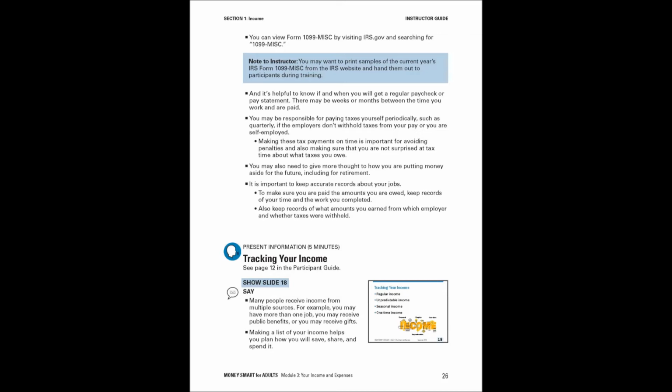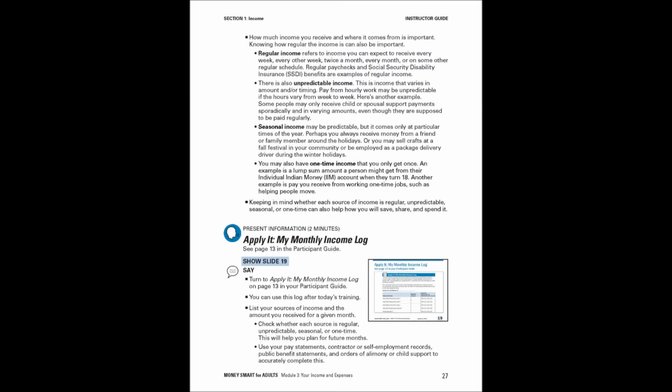Next topic is tracking your income, showing slide number 18. This is about people tracking income that they receive from various sources. So they're going to need to list it and then categorize it. Now, there are 4 different areas of categories here: regular income, unpredictable income, seasonal income, and then one-time income.